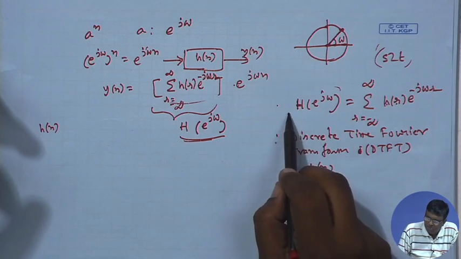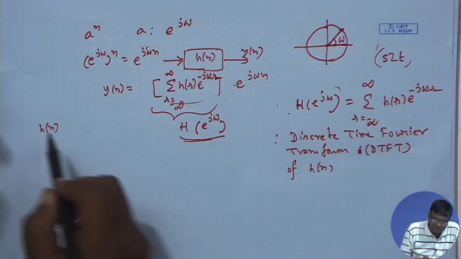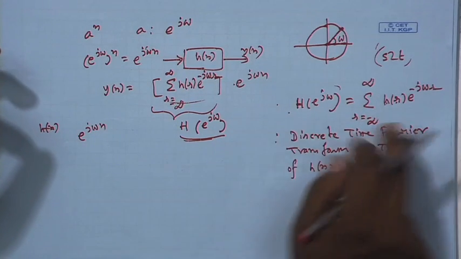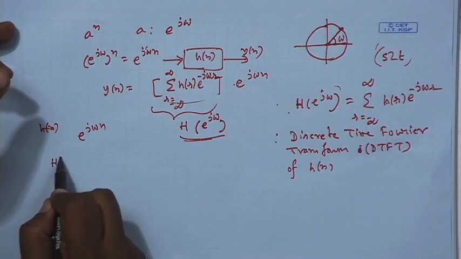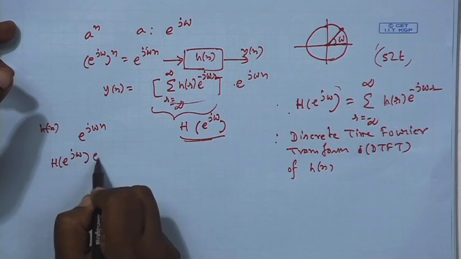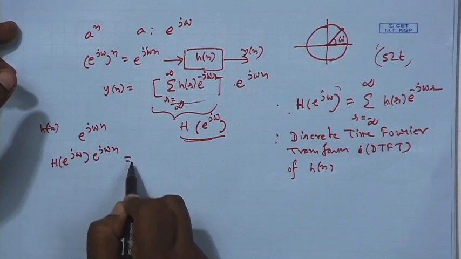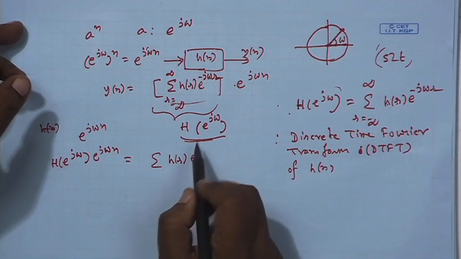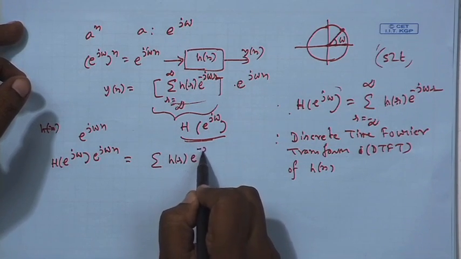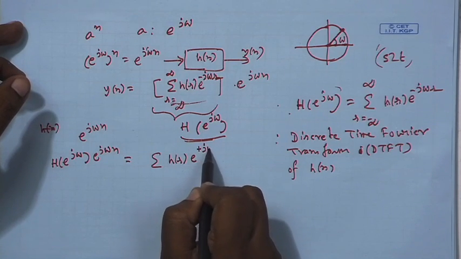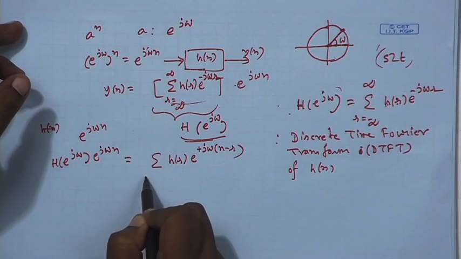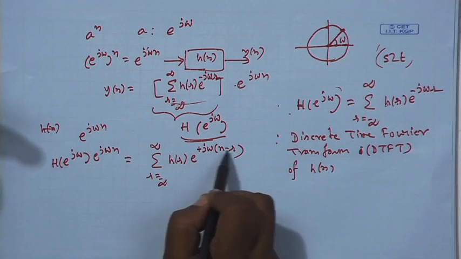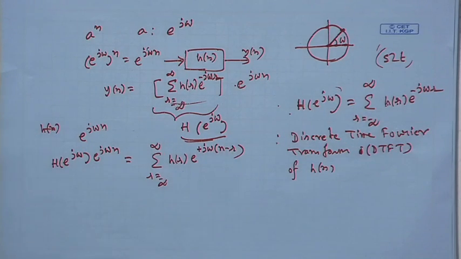What I do, left hand side, right hand side, both I multiply by e to the power j omega n, so LHS becomes, RHS becomes, e to the power minus j omega already there, e to the power plus j omega n.